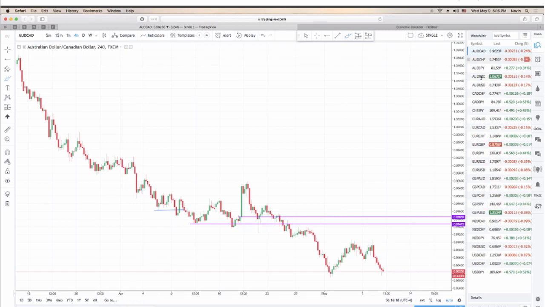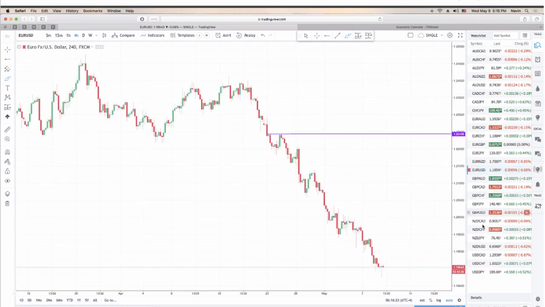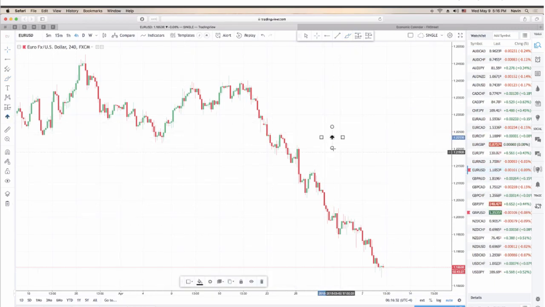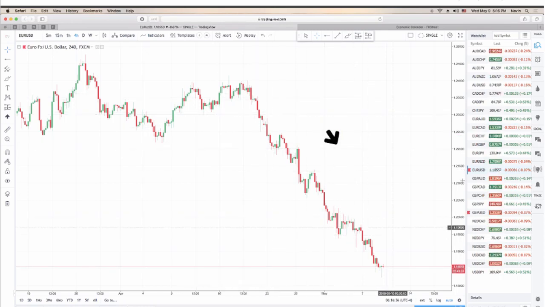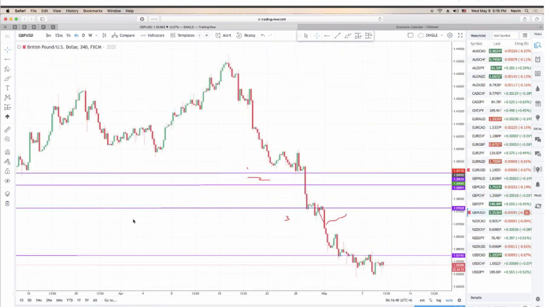USD, here we go. So we got Euro USD. I'm going to start with that one. Where'd it go? Here we go. Euro USD. All right. So let's take a look at Euro USD and see that you can see why dollar is staying strong, because it's starting to make its move in a downward trend, right? But it's not just on Euro USD, but it's also on Pound USD.